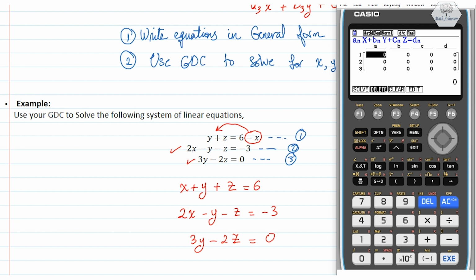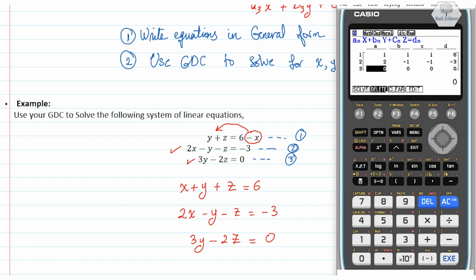I have x plus y plus z, so all the coefficients are 1. And the constant is equal to 6. Equation number 2, the coefficient of x is 2. The coefficient of y, since it's minus y, is -1. And the coefficient of z, because it's a minus z, is -1. And the constant is -3.